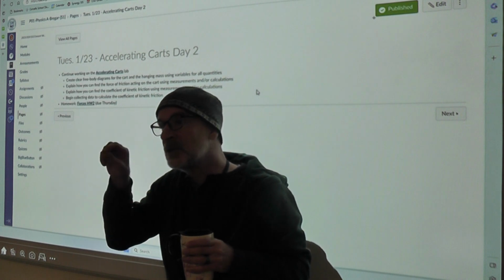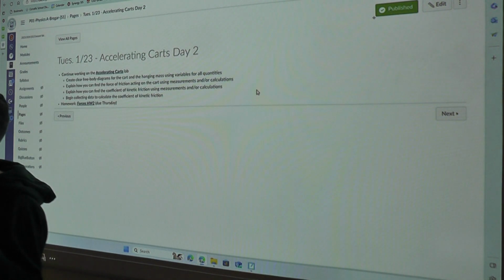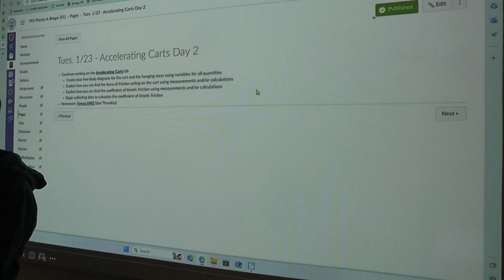It's unique to the surfaces. The surfaces aren't changing. The angle can change, the normal force could change, but the surfaces are not going to change, which means if you find the coefficient of friction for any one situation, you now know the coefficient of friction for every situation.